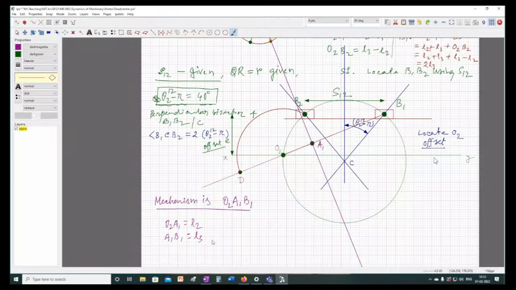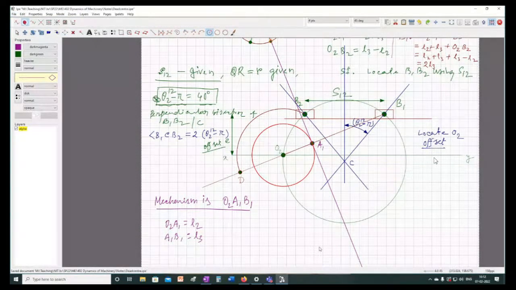And we now have the complete mechanism. To complete it, I am drawing the circle on which the end point of the crank will be. Okay.